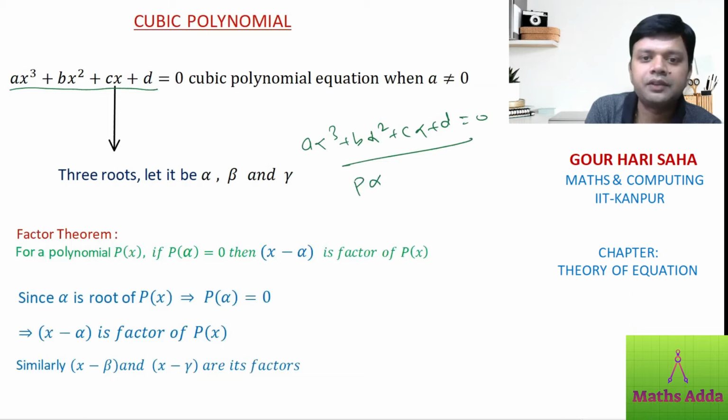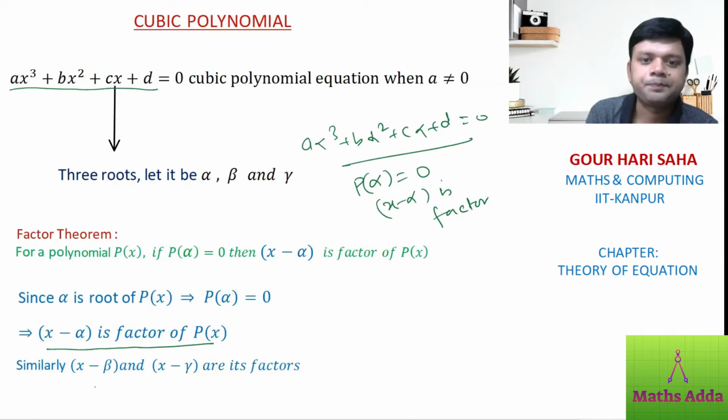This means p(alpha) is equal to 0, so x minus alpha is a factor of p(x). Applying the same logic, we can say x minus beta and x minus gamma are its factors too. So we got 3 factors of ax cube plus bx square plus cx plus d: x minus alpha, x minus beta and x minus gamma.